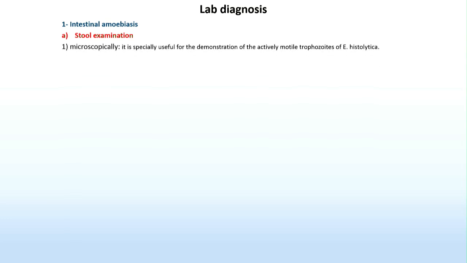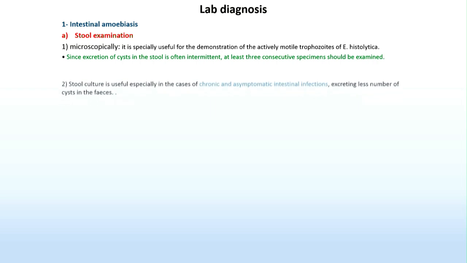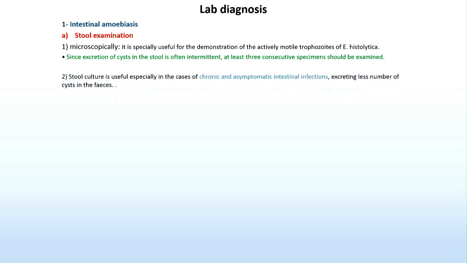Let's move to the lab diagnosis. Intestinal amoebiasis can be diagnosed by stool examination, microscopically, and stool culture. Stool culture is useful especially in cases of chronic and asymptomatic intestinal infection, when fewer cysts are excreted in the feces. Or we can diagnose by biopsy specimen, which should also be submitted for histopathological study.